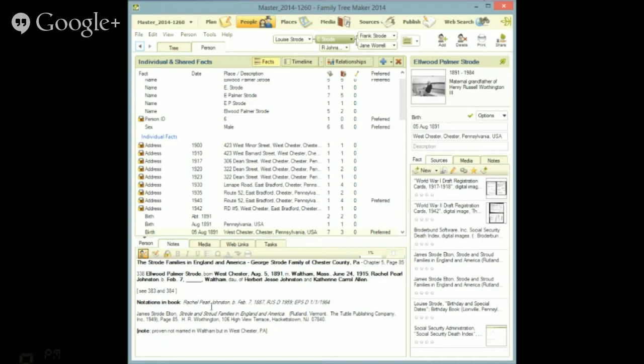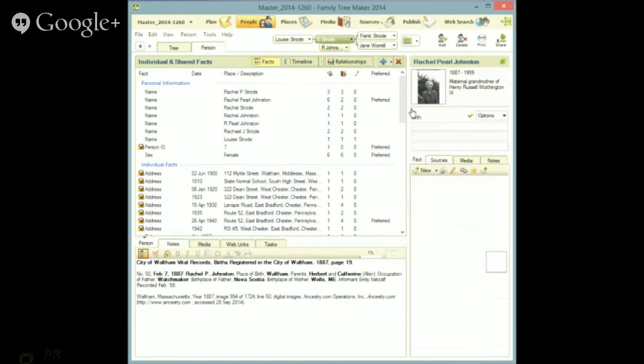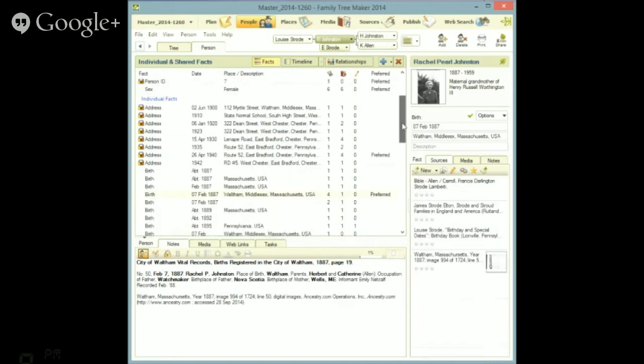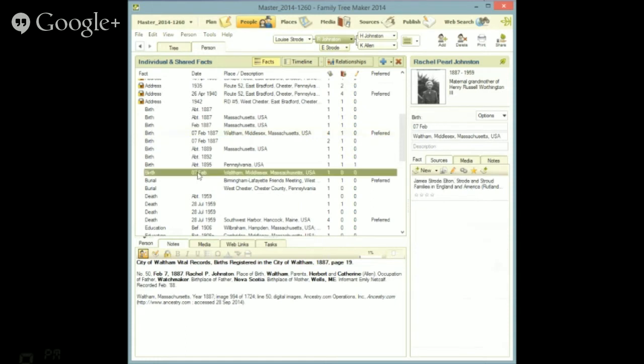Now, since this event belongs to my grandmother, I'm going to go over to my grandmother in her person view, and I'm going to scroll down to this entry that says February 4th in Waltham, because that's what the book said.